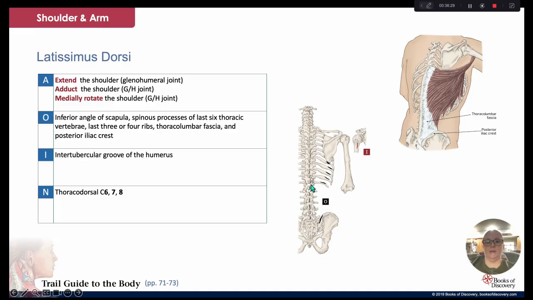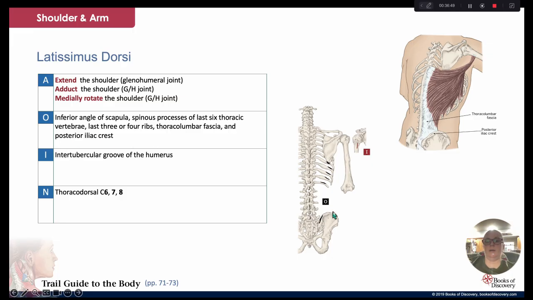So we're coming in here, the thoracic vertebrae. It also connects on the last three ribs, sometimes four. It connects on the fascia, that whole fascia line there, and something called the posterior iliac crest.